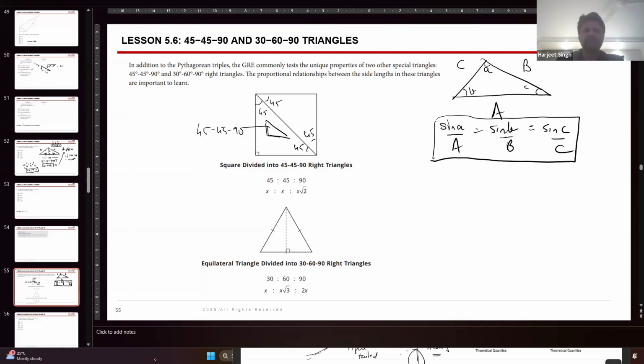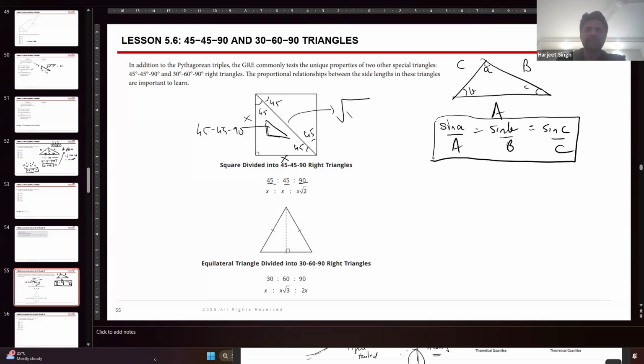Now, in this right angle triangle of 45, 45, 90, if I take these two sides as x each, can I say hypotenuse will be what?